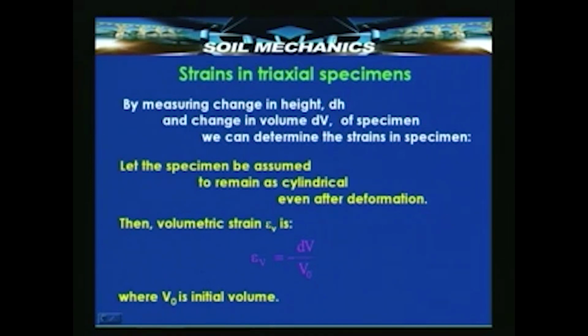It is very obvious that the volumetric strain will be epsilon V equal to minus dV by V0, where dV is the change in volume. The change in volume can be easily measured by attaching the pore pressure unit, and the original volume V0 is known for the specimen, and therefore epsilon V, the volumetric strain, can be easily computed.